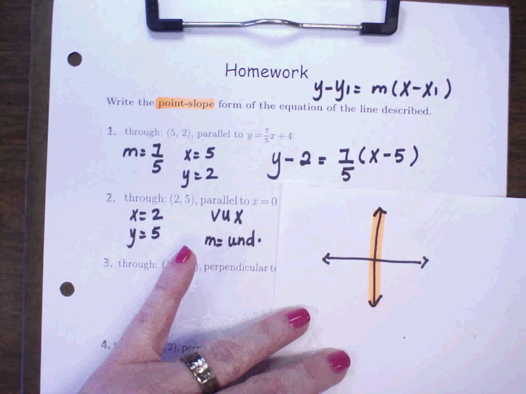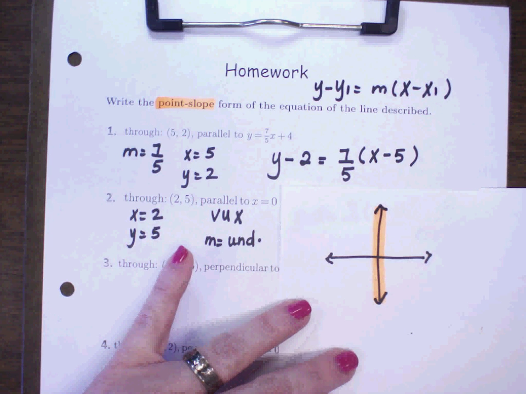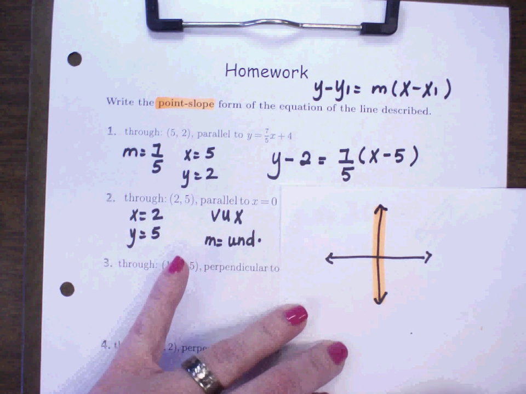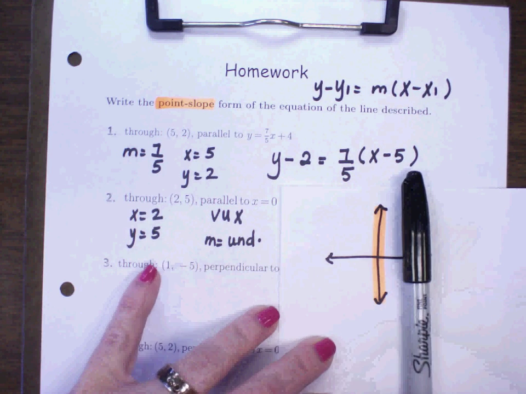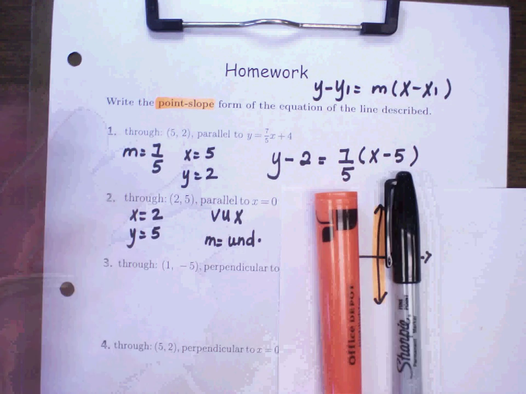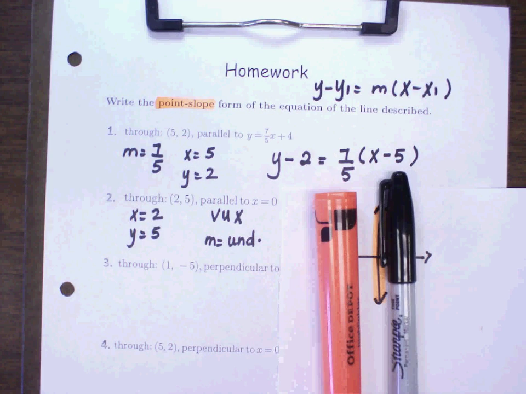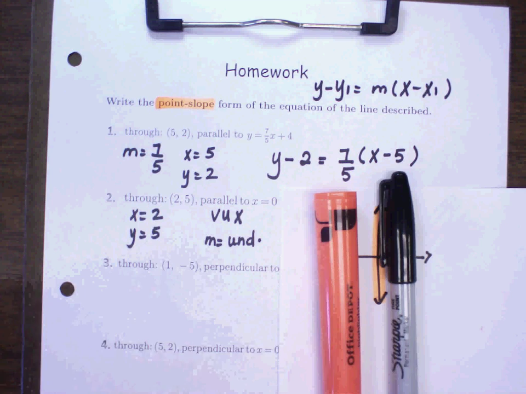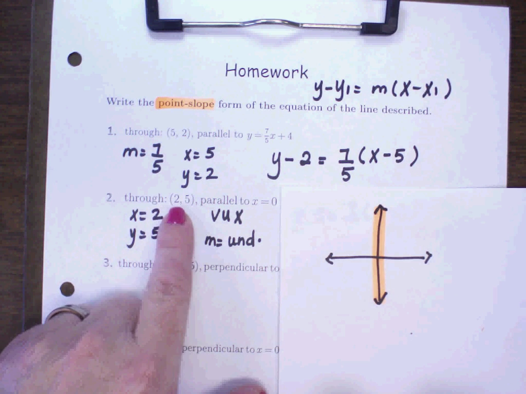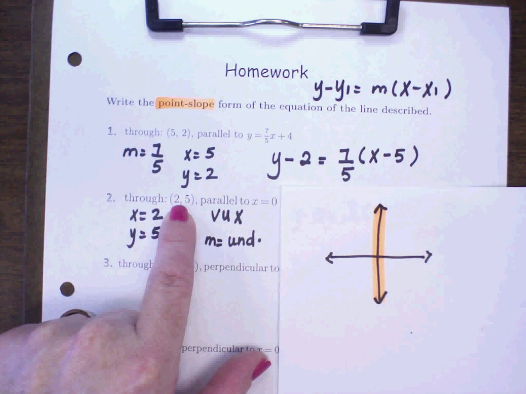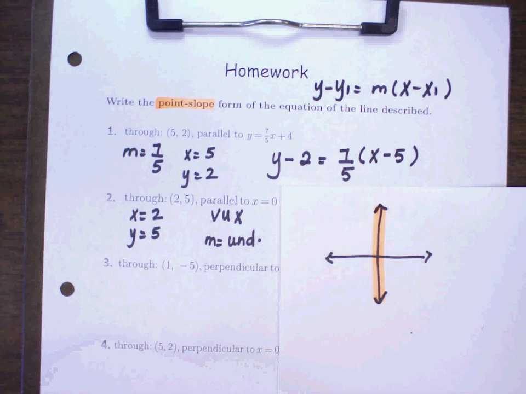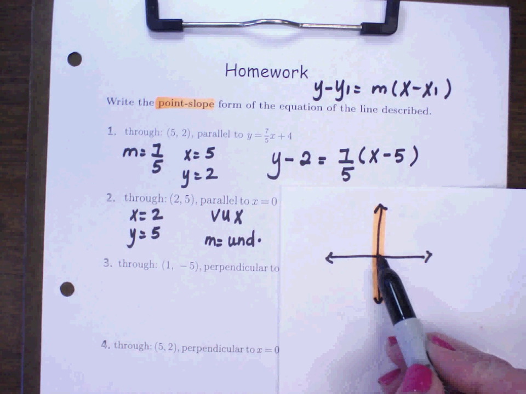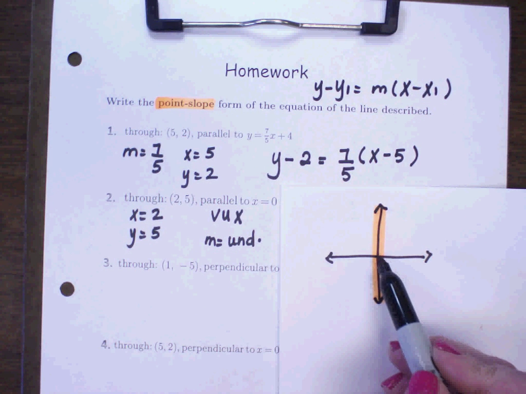Are you with me now? Yes? All right, so I need a line that's parallel to that. So it's got to be another line that goes up and down. Is that clear? Because it cannot touch it, right? But that line needs to go through that point. Which means the x can only be equal to what? To 0? If it's equal to 0, it's the same line. I don't want the same line. X needs to be equal to 2. It's right there.